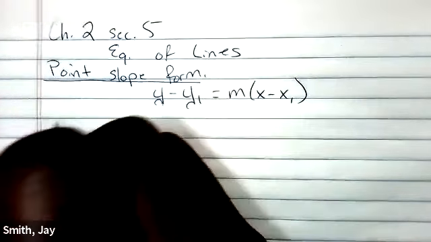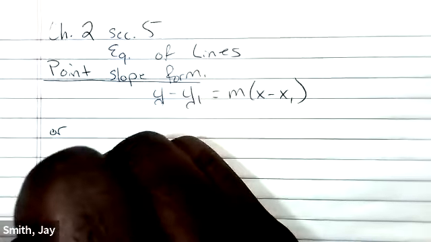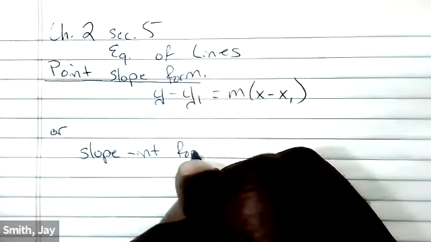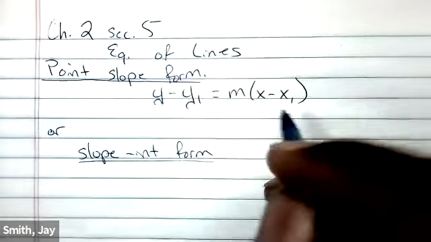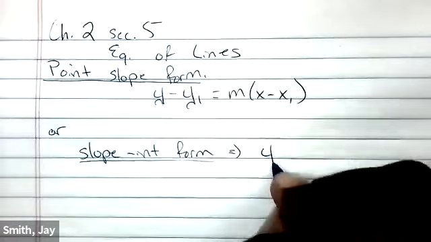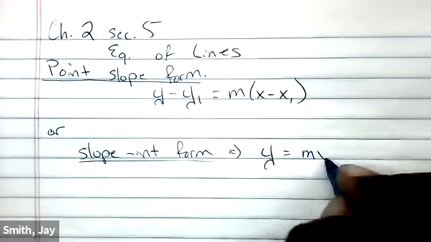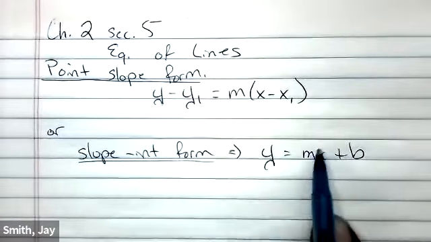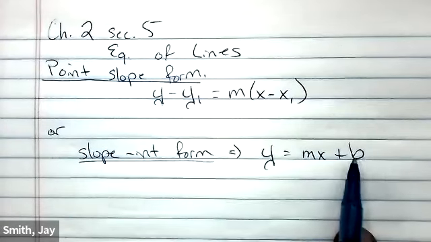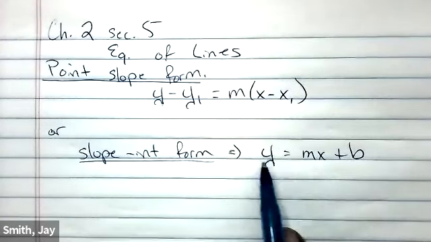Another form we're going to be dealing with is the slope intercept form. The slope intercept form is y equals mx plus b. This is where the number in front of x is our slope. The number being added or subtracted is our y-intercept.